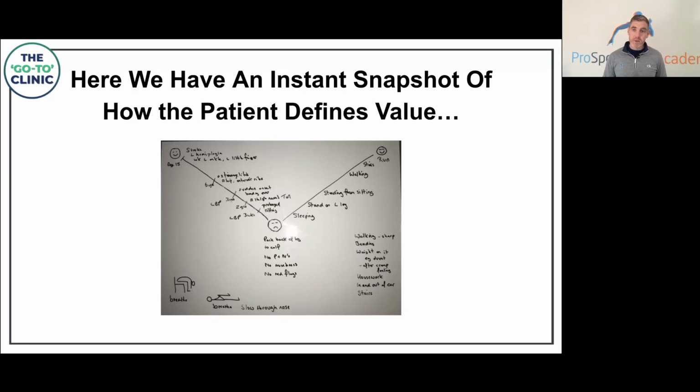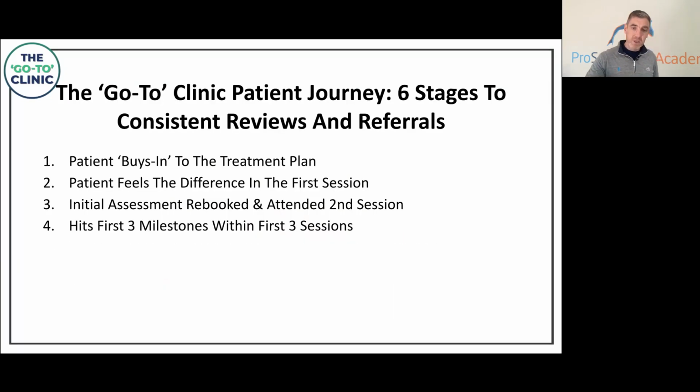This is the ultimate goal the patient wants to achieve. In between that and where they are now are the other outcomes on the right side of the V. These are the outcomes your patient has defined as valuable to them. If we ask high quality questions in the subjective assessment, we can extract those things and map them out. And that's where this becomes important when we talk about the self-trust objection.